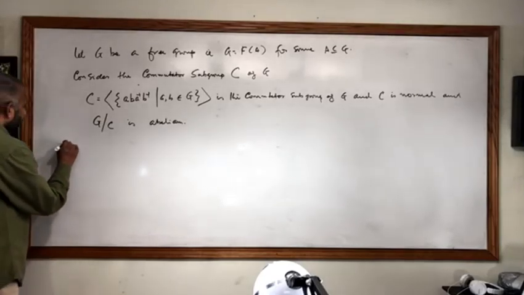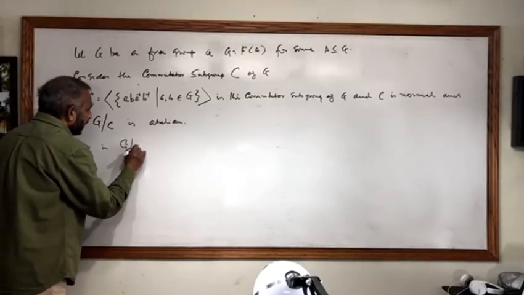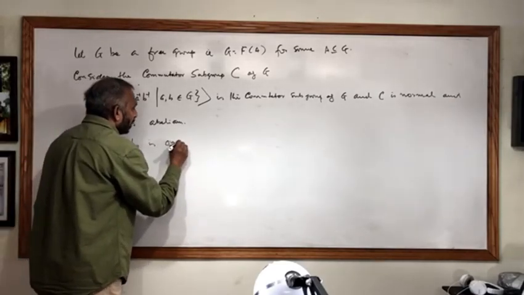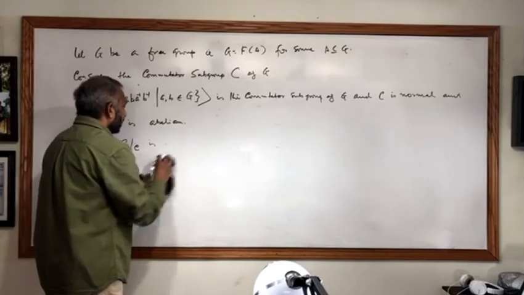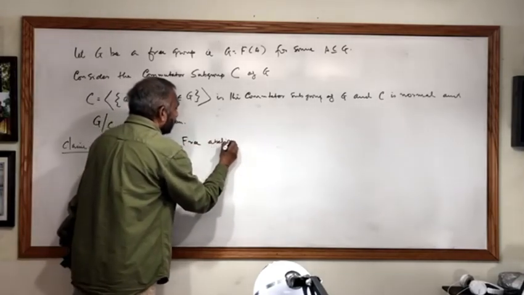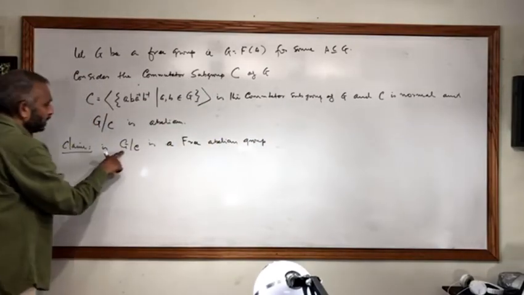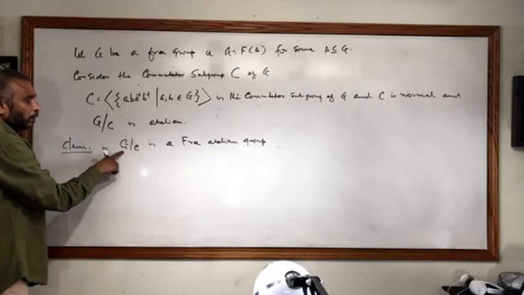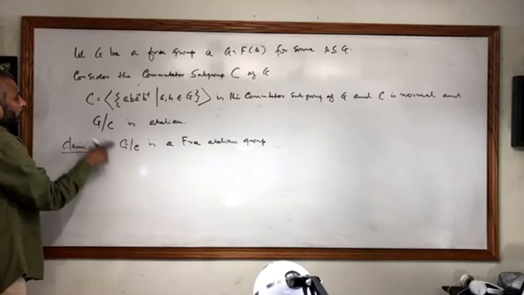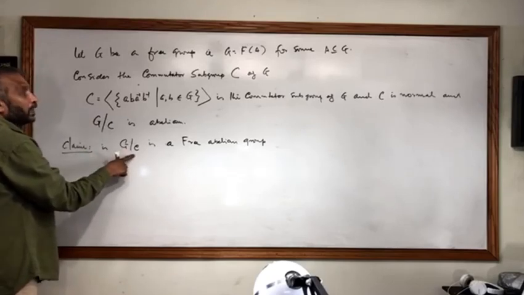Now our claim is G over C is a free abelian group. So we are starting with G, which is just a free group, and we took the quotient of this free group over the commutator subgroup.